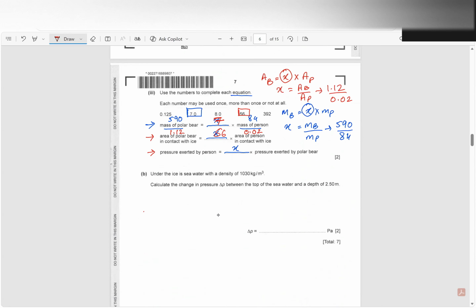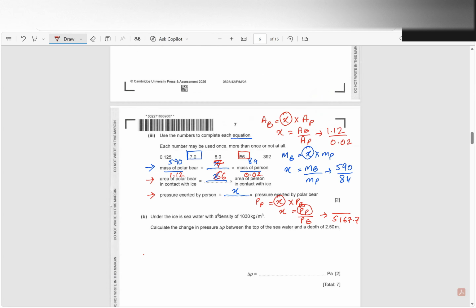So let's write it in equation form as well. Pressure exerted by person is equal to x times pressure exerted by bear. Make x the subject. What are we left with? Pressure of person divided by pressure of bear. We do not have pressure of person, we have pressure of bear. Let's write it as it is. What was it? 5167.7, I believe. So pressure of person, we can find, right? We can work with it.